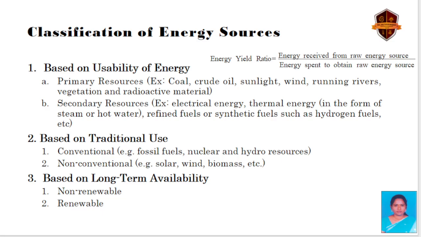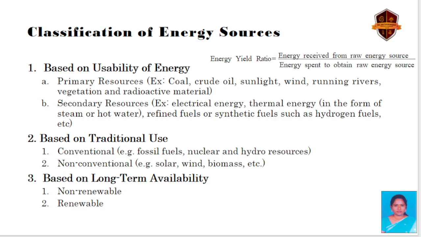Based on traditional use, energy sources are classified as conventional and non-conventional. Conventional energy sources include fossil fuels, nuclear energy, and hydroelectric power. Non-conventional energy sources include solar energy, wind energy, biomass energy, and other renewable sources.